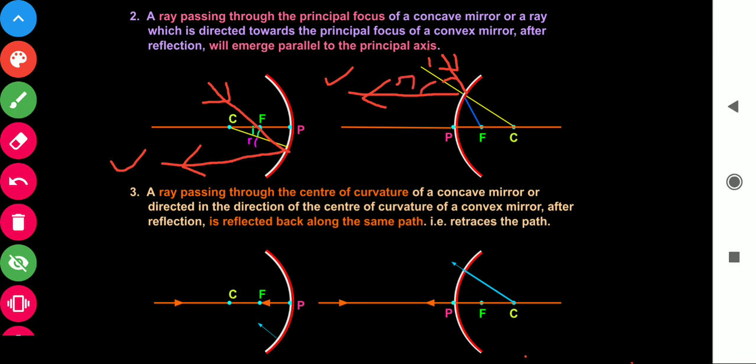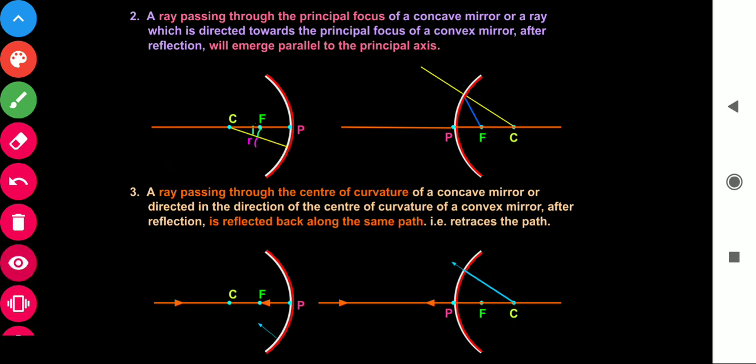When the ray passes through the center of curvature like that, it will be reflected back along the same path. Here also when the ray comes to the center, it will come back along the same path. These three rules we will apply and we can draw any diagram.